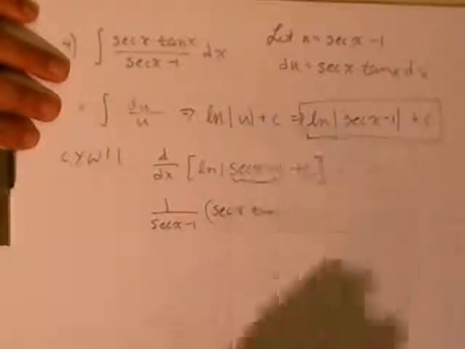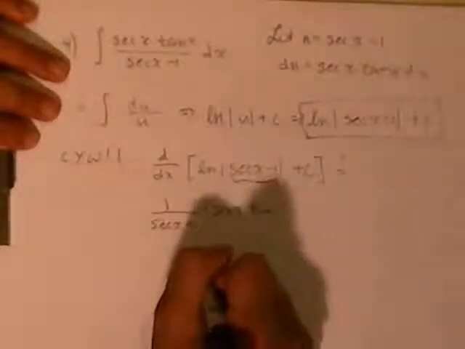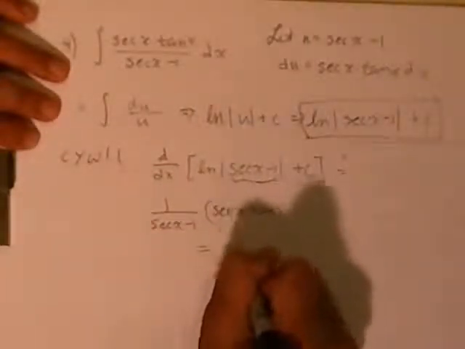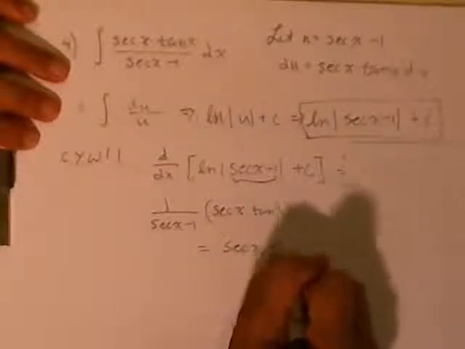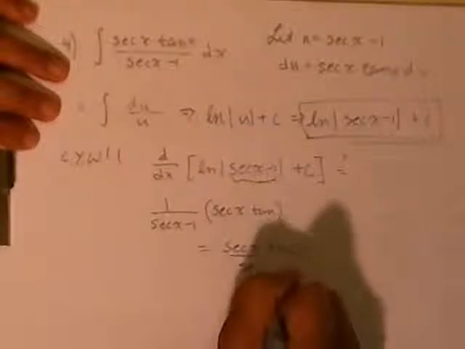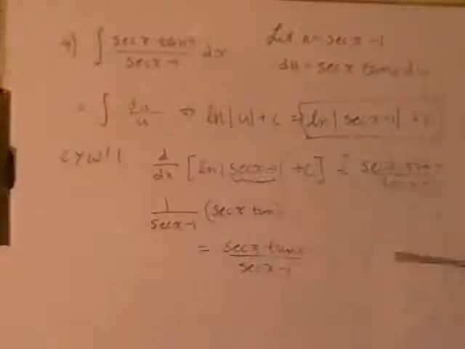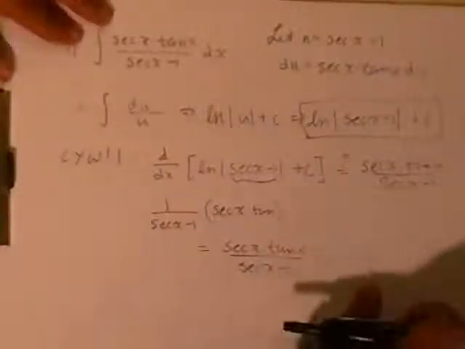The derivative of 1 is 0, of course. And the derivative of constant is also 0. That comes out to be the secant of x times the tangent of x in the numerator, all over secant of x minus 1. Secant of x, tangent of x. And so we checked it. Okay? It was a pretty easy check on that one.